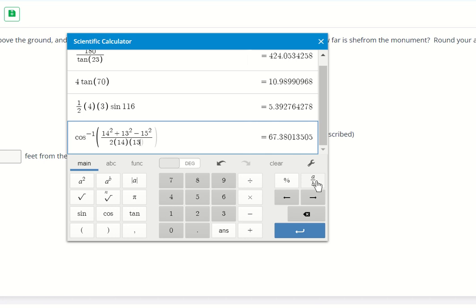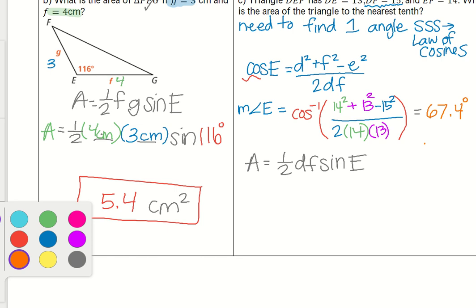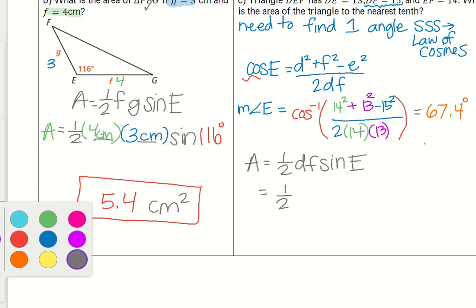And so that gives me an angle measure of about, we'll say 67.4 degrees. Okay, so I'm going to say that that angle is 67.4 degrees. And because I'm rounding here and then here, I could end up with different answers depending on which angle I find. So my suggestion is just always find the largest one. That way you're kind of consistent with how you do the problem.